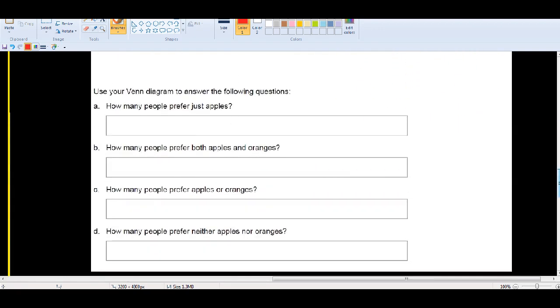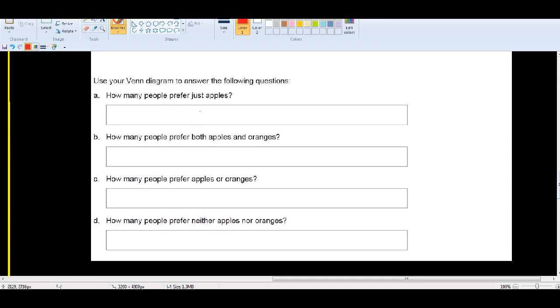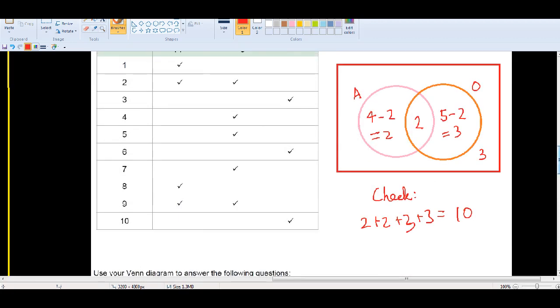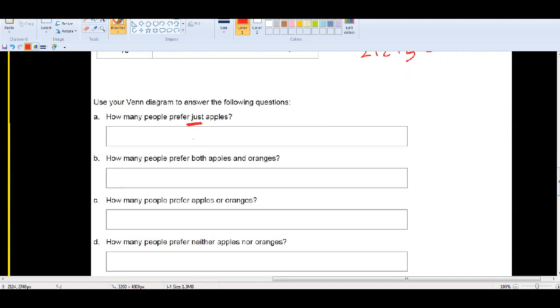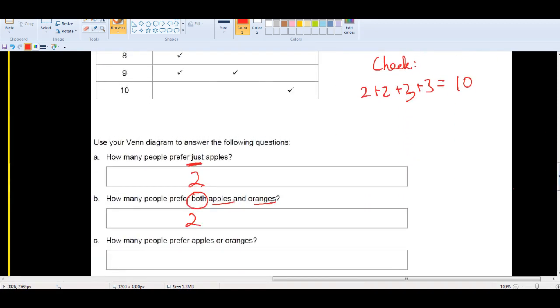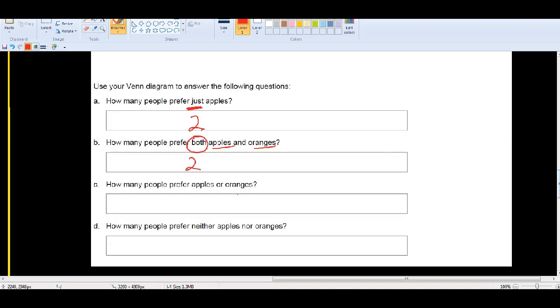How many people prefer just apples? That means within the circle for apple, but not including those in the overlapping area. So that's only 2 of them. How many people prefer both apples and orange? It should be in the overlapping area, 2. How many people prefer apples or orange?